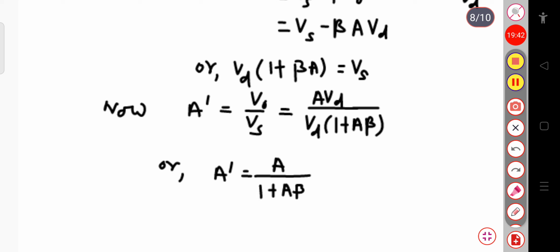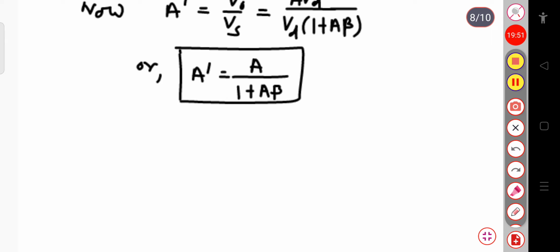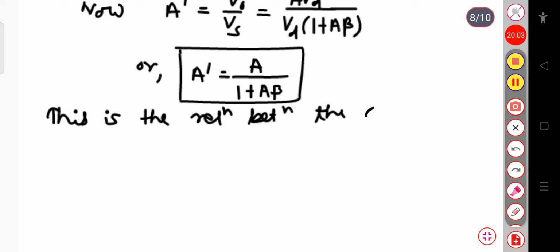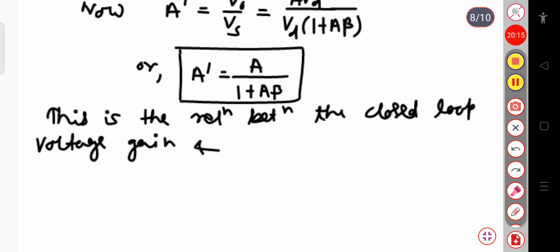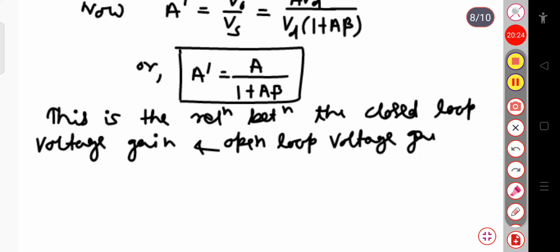So this is the relation between the closed loop voltage gain, that is A prime, and the open loop voltage gain, that is A, in case of the non-inverting amplifier.